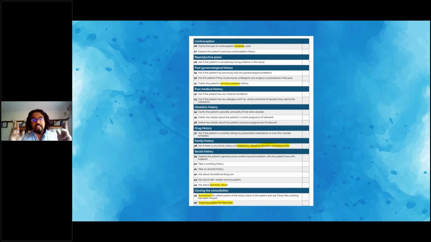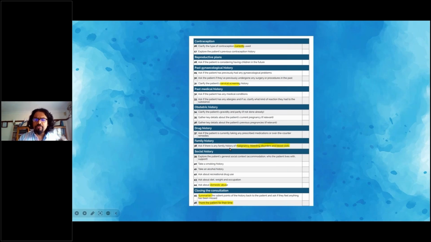But we're finding that the Jade Goody effect has unfortunately been diminishing over time. So it's even more relevant that we're asking these questions. And if we're picking up on EMIS or SystmOne or whatever that the patient is overdue their cervical screening, prompting that patient or sending them an invite via AccuRx is quite relevant. Again, past medical history, obstetric history as well, drug history are quite straightforward things.